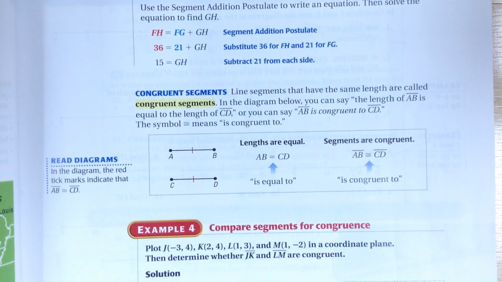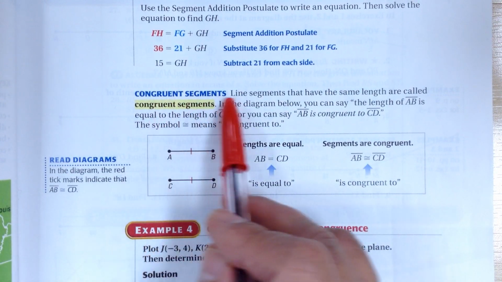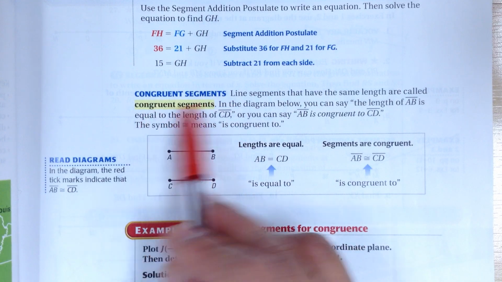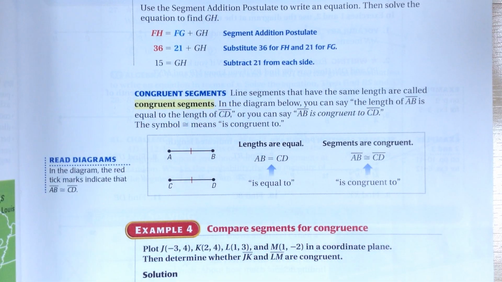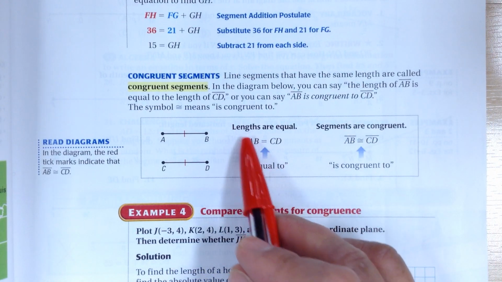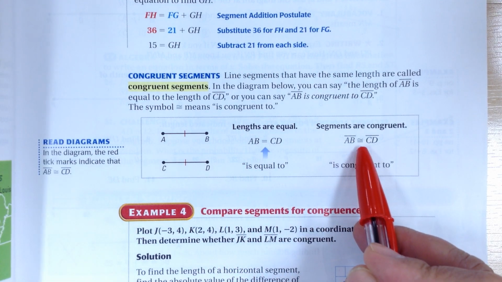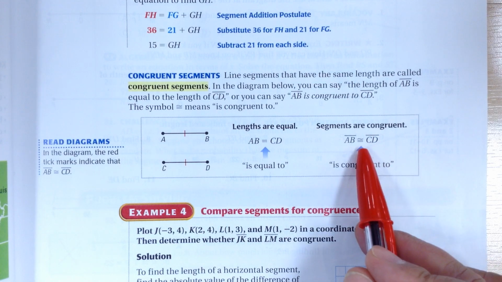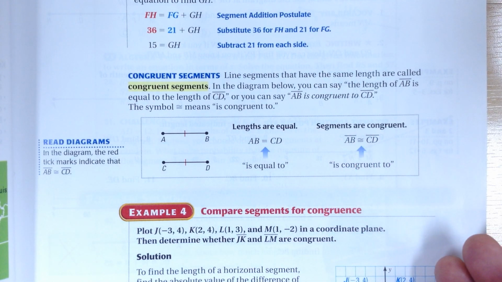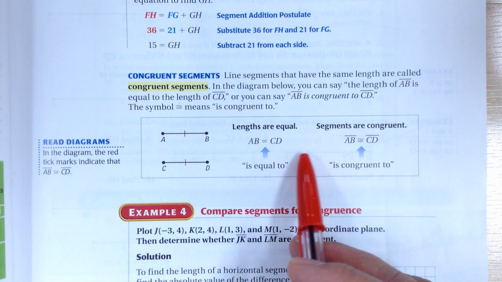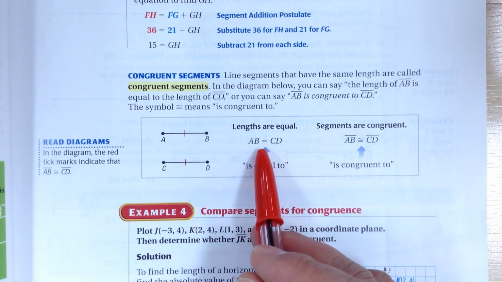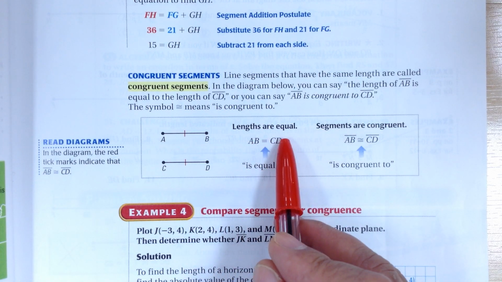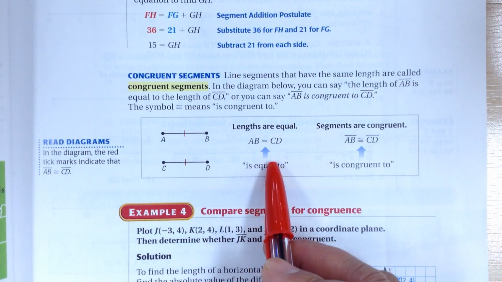The next one is congruent segments. A lot of people get confused between length, equal, and congruent. Normally equal deals with numbers, whereas congruent deals with pictures or shapes. When two segments are equal, that means they have the same length.